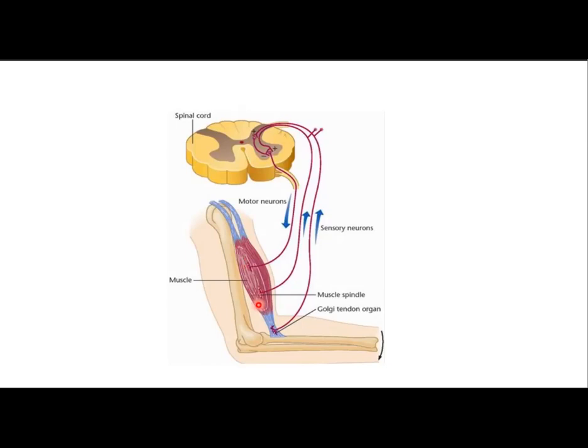You have receptors in your tendon, which is called the Golgi tendon organ. That's why it's called tendon organ, because it sits in a tendon. And you have the muscle spindles.